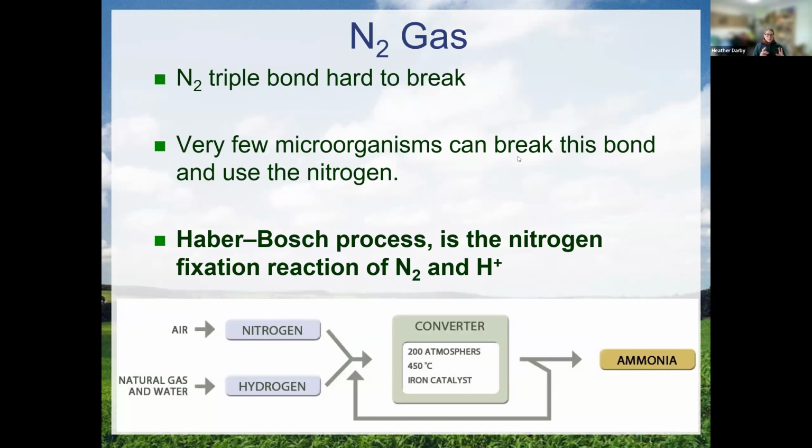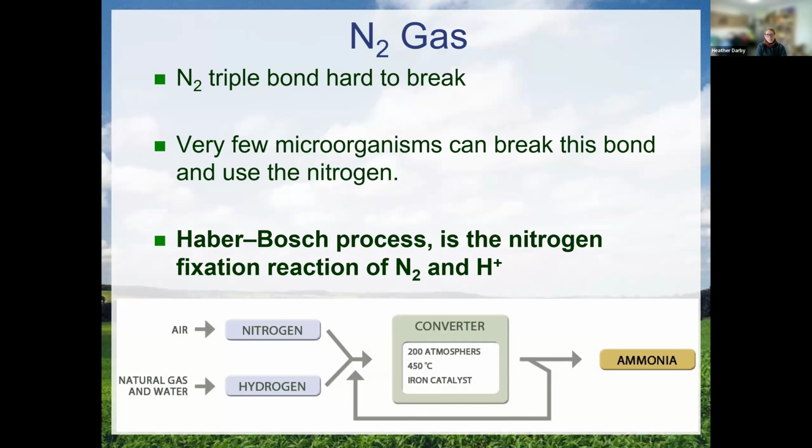All right, so this N2 gas is actually two nitrogens stuck together by a triple bond. You might remember that from chemistry class, a long time ago. But that triple bond means it's hard to get those two apart. It's really hard to break.